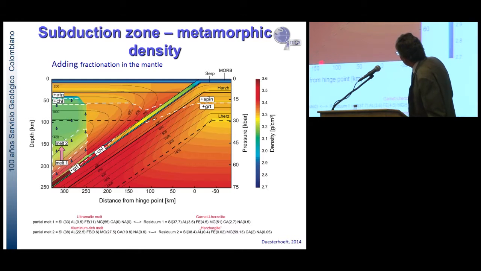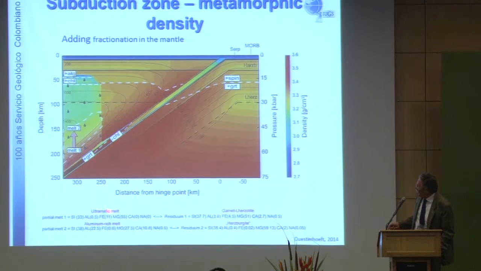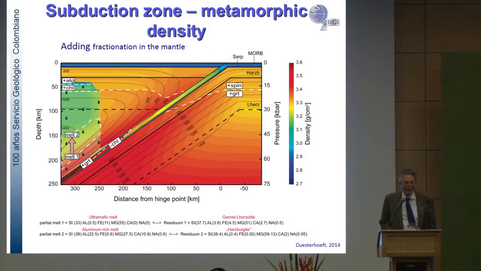Still relatively far away from the subduction zone, but it comes up to 50 to 40 kilometers. We come into stability fields where again serpentinites are stable, and we have two types of melts. Melt number one is the ultramafic melt, leaving a garnet lherzolite behind, and melt number two is an aluminum-rich melt that has a harzburgite as a residuum.